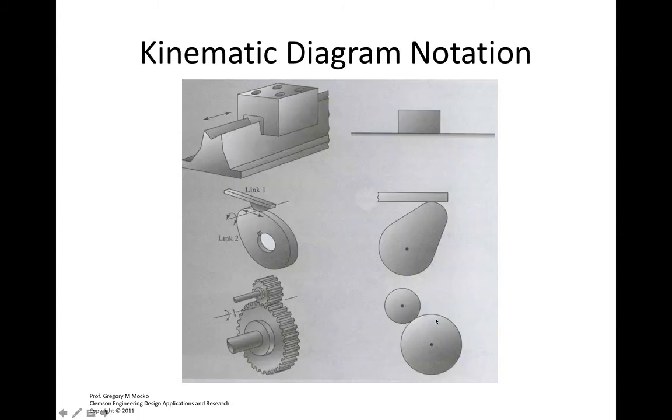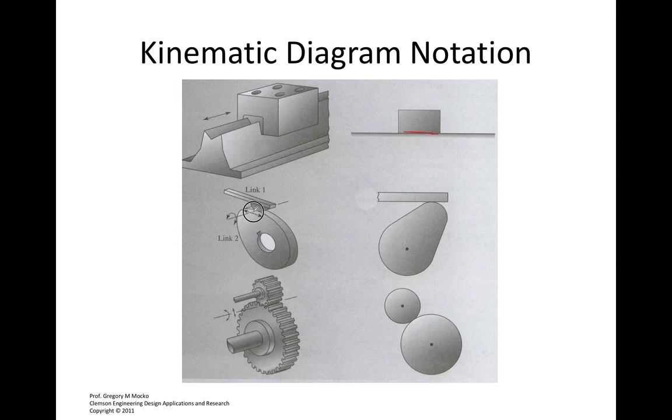Some additional notations. We see a sliding V groove here. That V groove holds this block in alignment with the base block, but in a kinematic diagram notation, we draw it as just a translational joint. We've got a cam here.